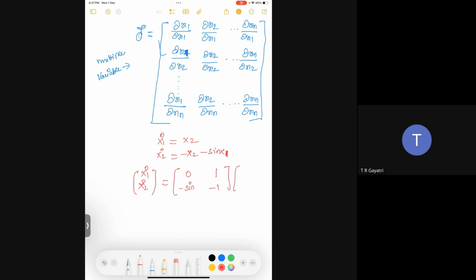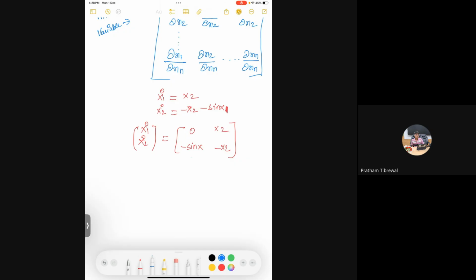But you can't write minus sine as it is like this, so we cannot write it in terms of a linear system. You can write it like this: x2, minus sine x1 minus x2. Now, if I want to find the Jacobian for this, it will be dou x1 by dou x1, dou x1 by dou x2, dou x2 by dou x1, dou x2 by dou x2, since we have only two states.